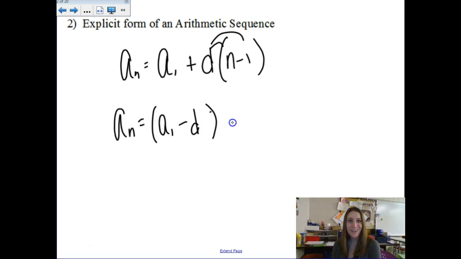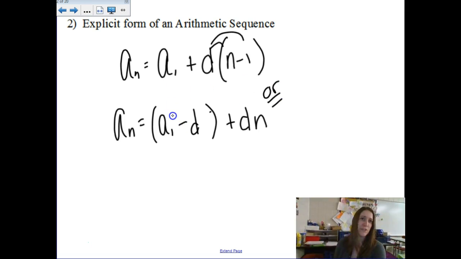That's a weird way to say it. And then plus the common difference times n. So either one of these formulas is good, and if it's a computer generated worksheet and your job is to find the common difference, it's pretty easy to tell in either one of the formulas, but you'll see some examples in a moment.